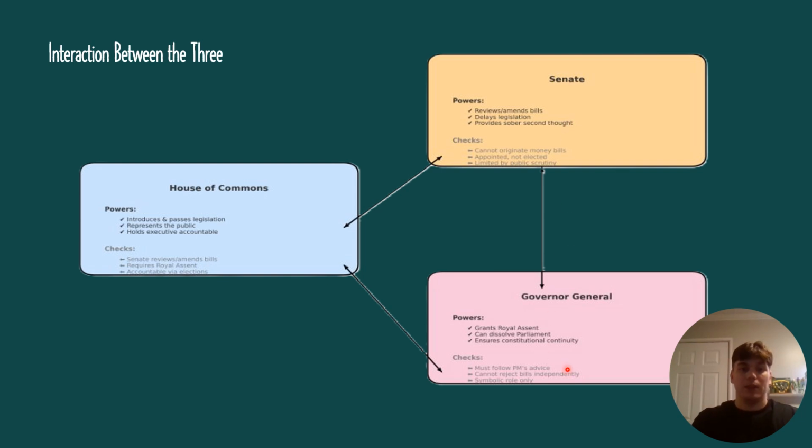And finally, the Governor General finalizes the process, ensuring constitutional formality. These relationships create a system of checks and balances. For example, the Senate can hold up legislation and demand improvements, and the House can reject the Senate's amendments. This back and forth ensures that the bills are carefully considered from multiple perspectives before becoming law.